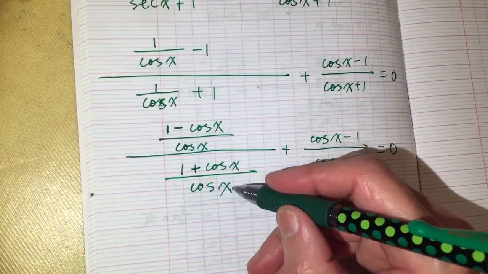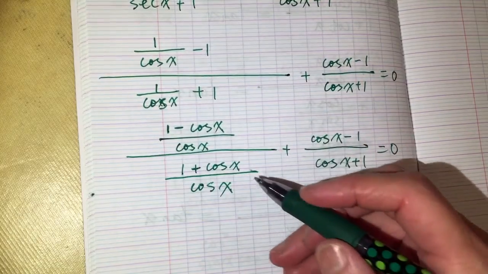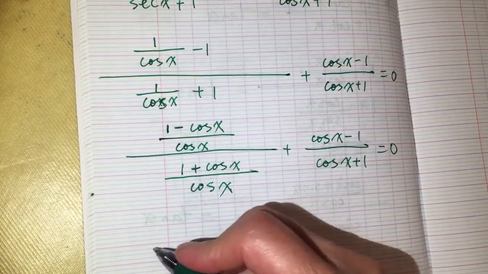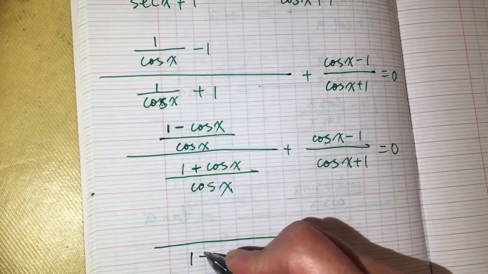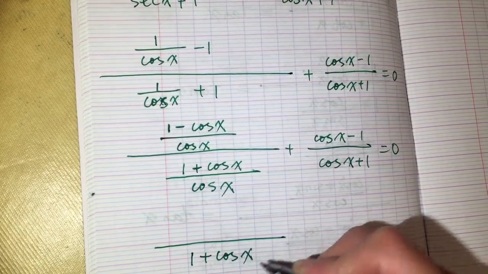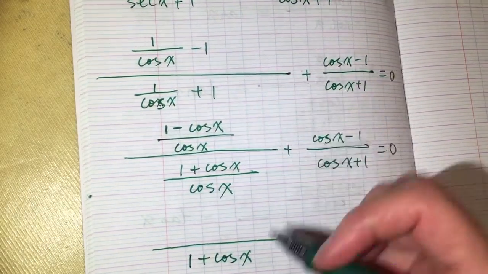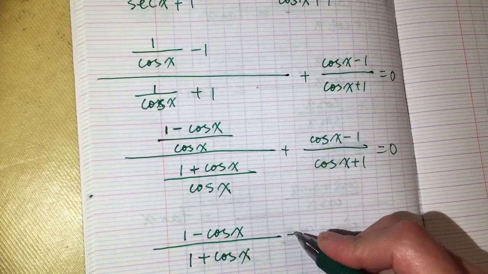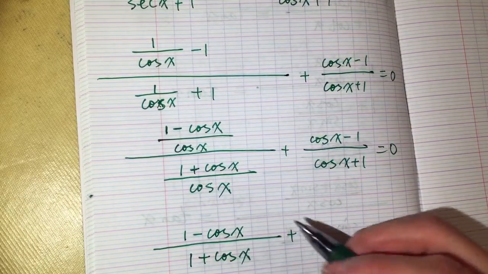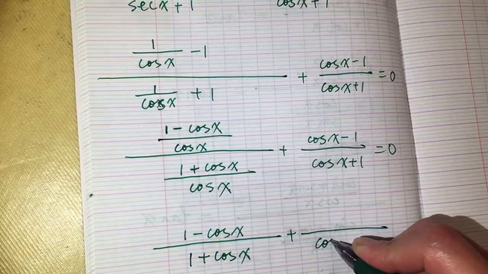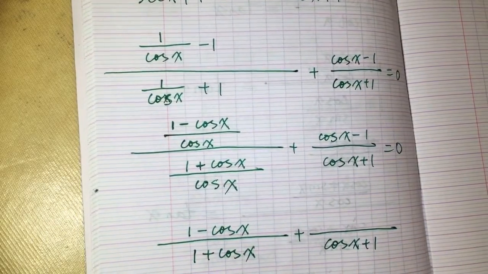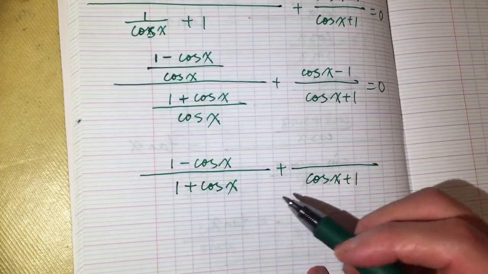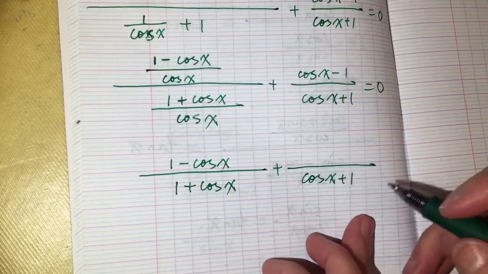We can cross cancel cosine x, and it becomes 1 plus cosine x. On the numerator is 1 minus cosine x plus cosine x plus 1. The denominator is the same, 1 plus cosine x or cosine x plus 1.